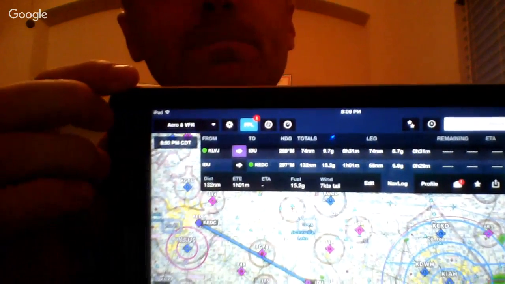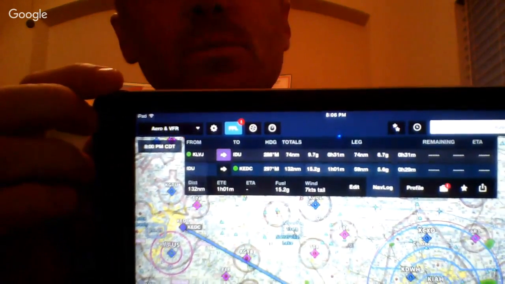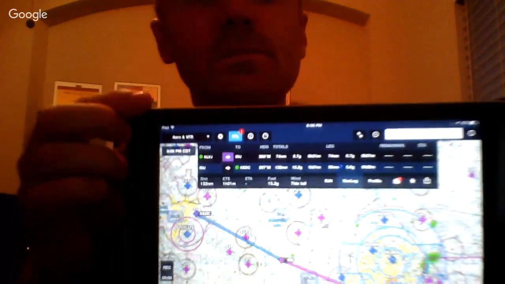Can you add waypoints like you did on this Excel spreadsheet? Yeah, I can. Let's say I want to pick Sugar Land as a waypoint here. It's got a real nice drag and drop. You just grab the line.